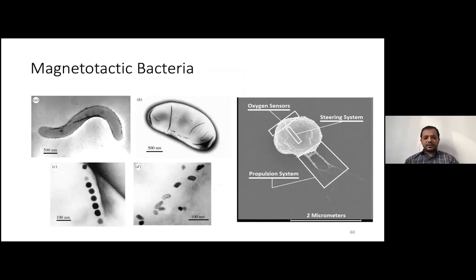Magnetotactic bacteria are very interesting. These are real bacteria that generate magnetic nanoparticles inside them, and they align themselves with the magnetic field of the Earth. I played with them a lot during my graduate studies.